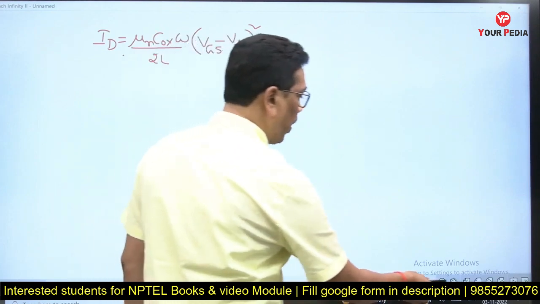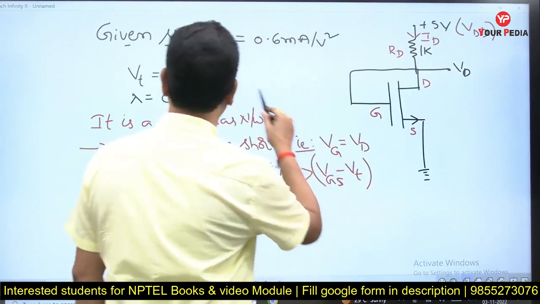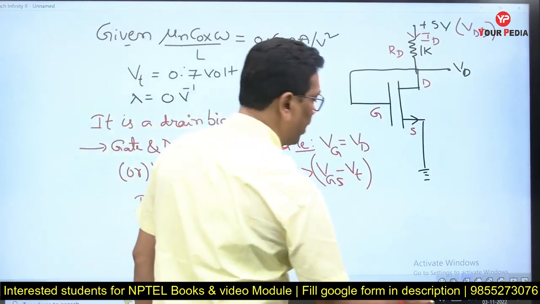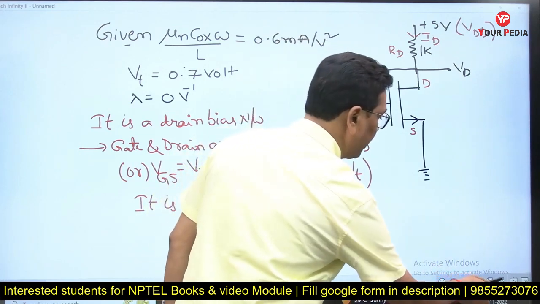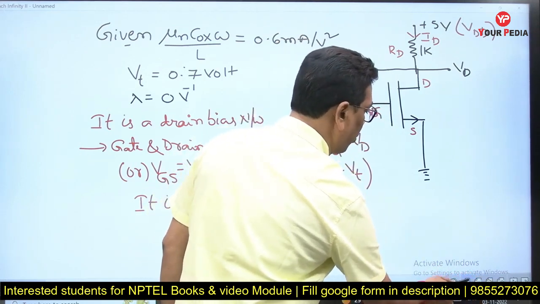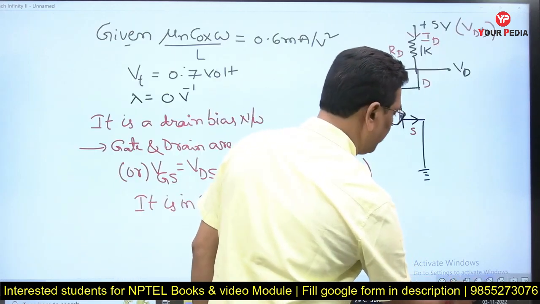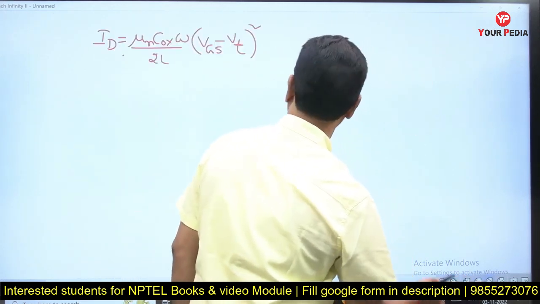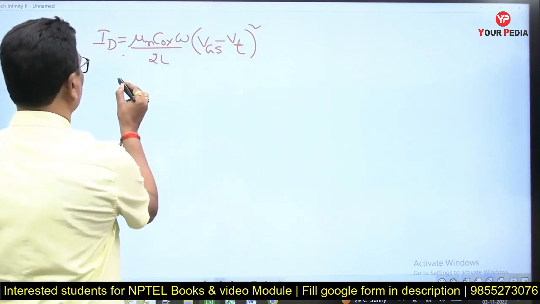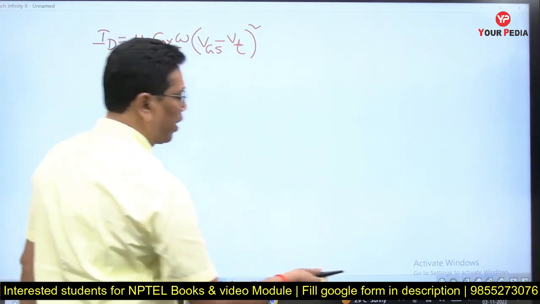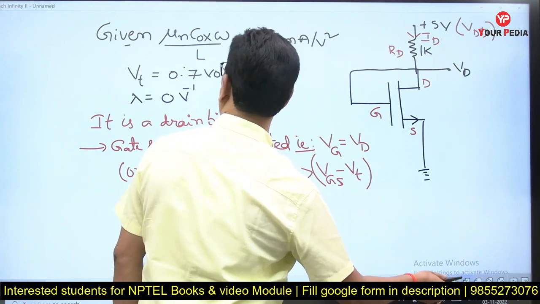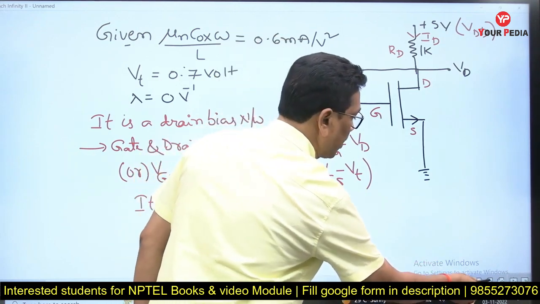Now check out what is mu n Cox W by 2L. L is given, and VT equal to how much there? VT is 0.7, sir. So mu n Cox W by L is given as 0.6 milliampere per volt square. So now I substitute that.